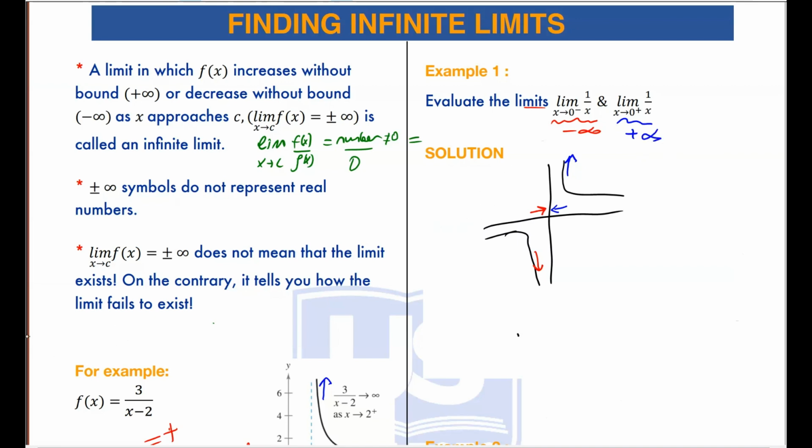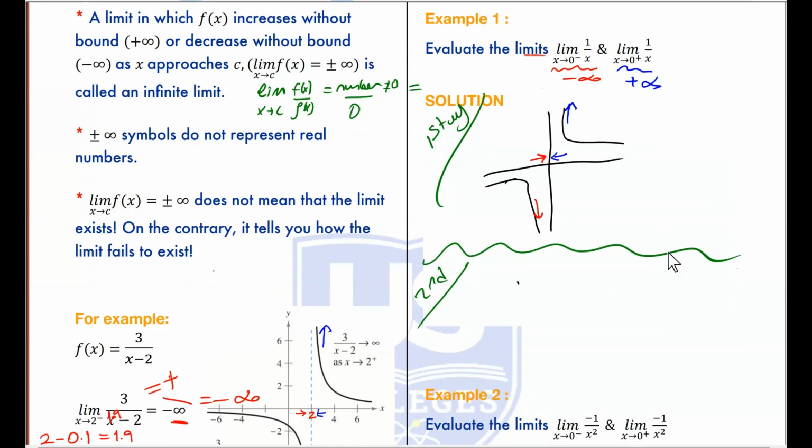So you can say this is the first way. If you know the graph, you apply the graph. If you can't think of it, you always have an algebraic way. How so? Like I explained in the notes, you pick a number very close to 0, but smaller than 0 for the left-sided limit.